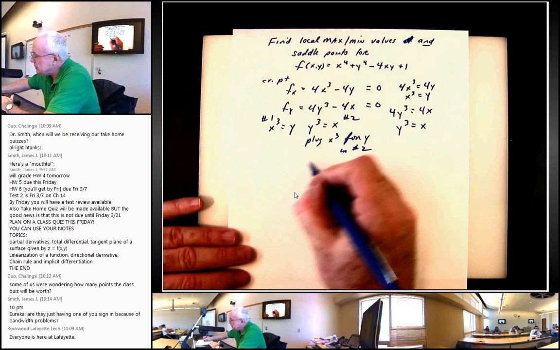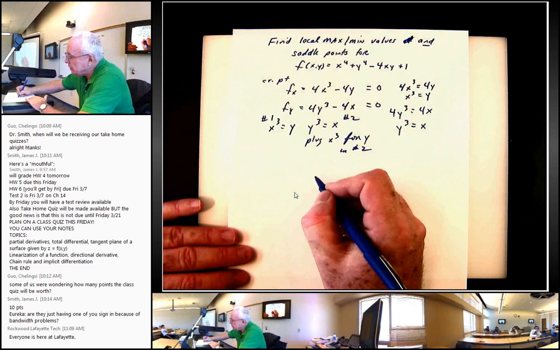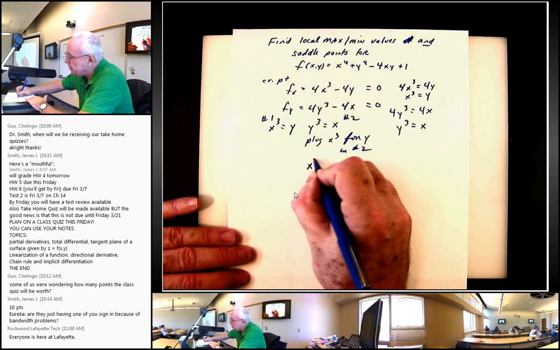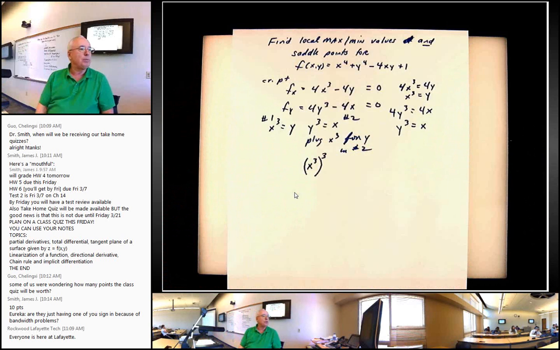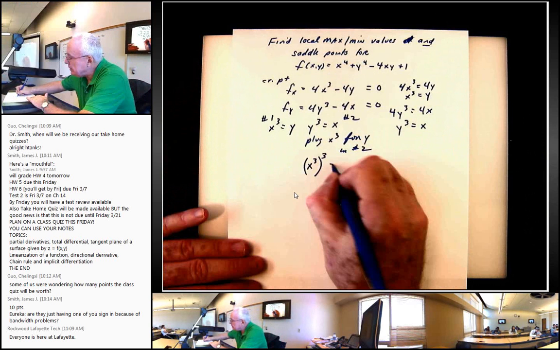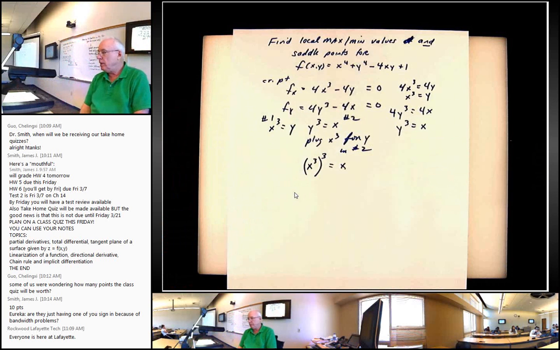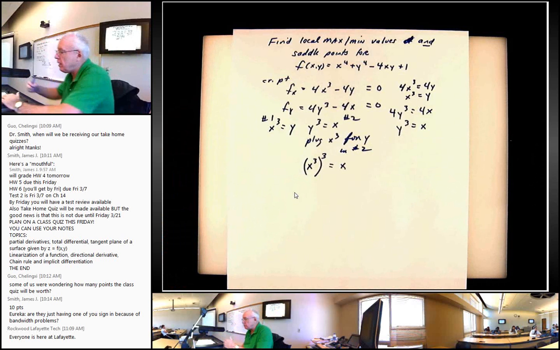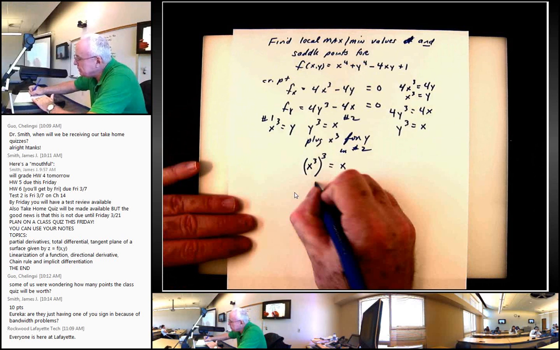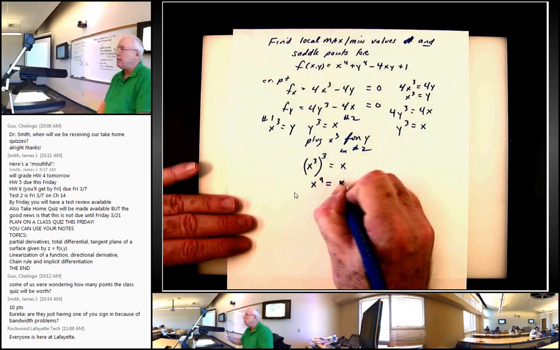So y to the third becomes x to the third, that's my y, raised to the third power, and that's going to equal x. Now, x to the third raised to the third power, we multiply the exponents, so that's x to the 9th equals x.